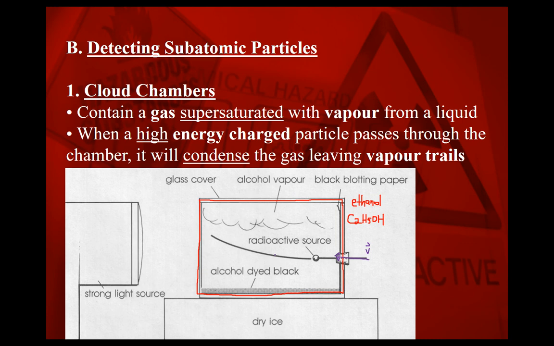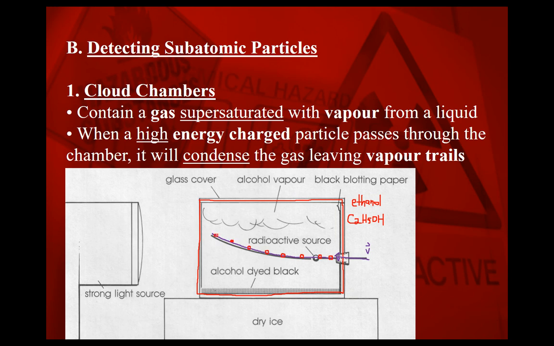So what it does is it turns the gas back into a liquid. So as the particle moves through the chamber in this line, behind its path would be a bunch of tiny droplets of water. So I could just illustrate them with a different color. So we see a little trail that follows behind, a little liquid trail that follows behind.